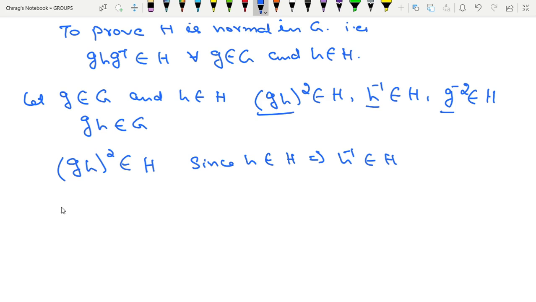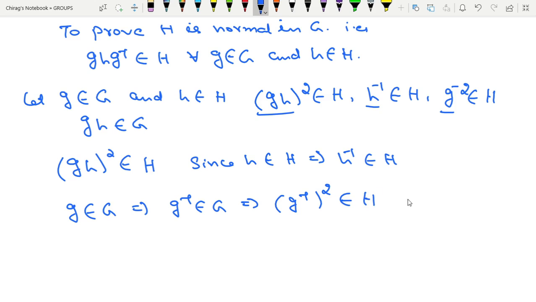Now g belongs to G implies g⁻¹ belongs to G. So this implies (g⁻¹)² belongs to H. And this is nothing but what? g⁻¹ dot g⁻¹.